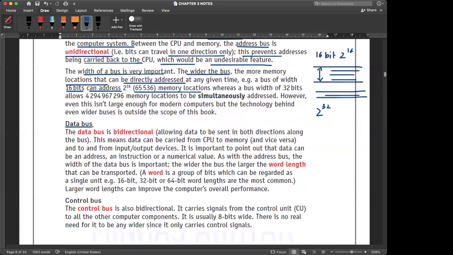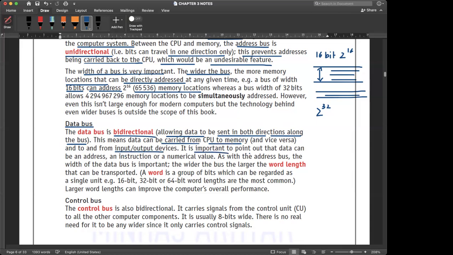Data bus. The data bus is bi-directional, allowing the data to be sent in both directions along the bus. What is bi-directional? It goes both ways. Very good. So the data bus carries data, right? From the CPU to the memory and into the input and output devices.